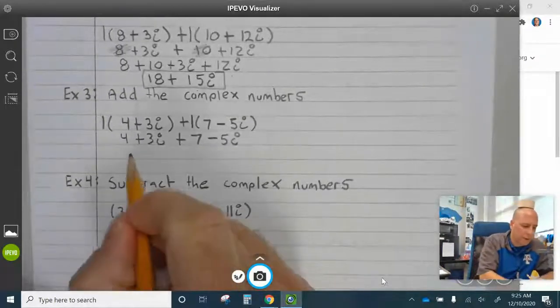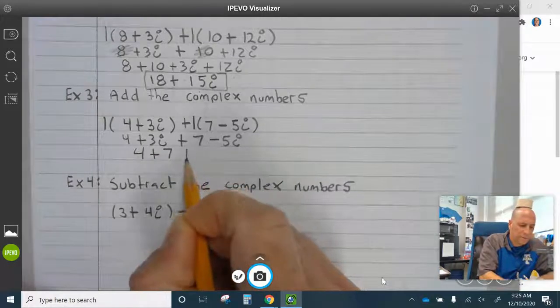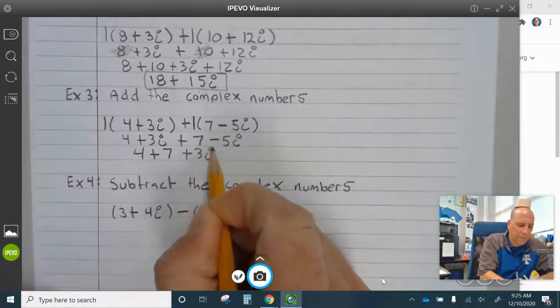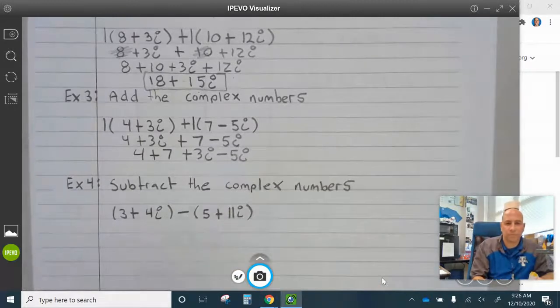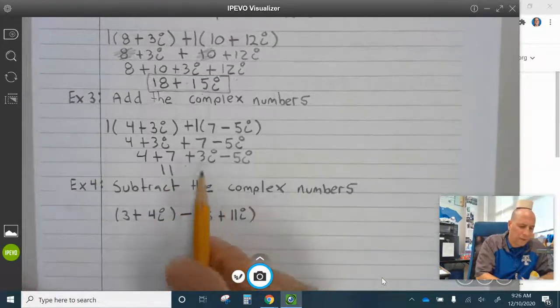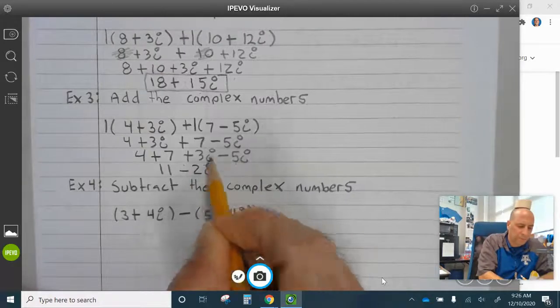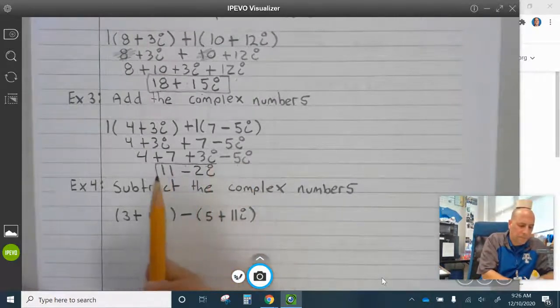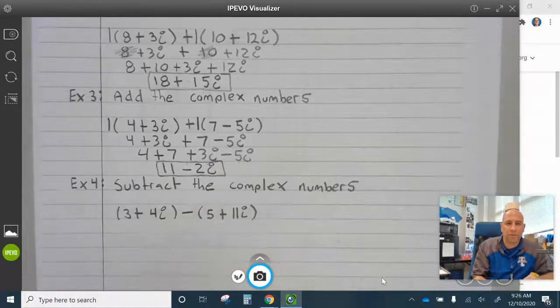All right, now we combine the 4 plus 7 plus 3i minus 5i. Okay, so 4 plus 7 is 11. And then 3i minus 5i is minus 2i. Okay, go ahead and finish up example 3.